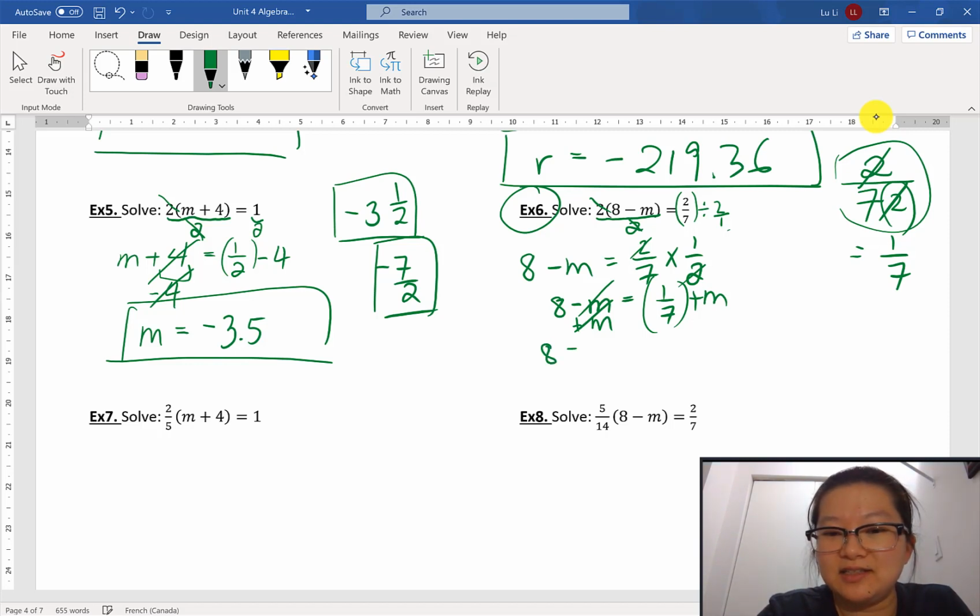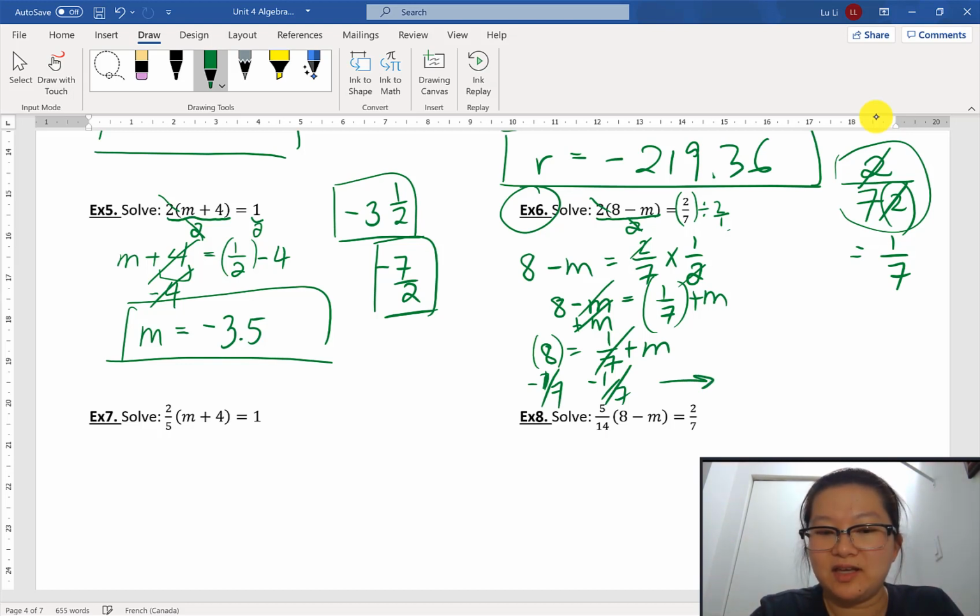So then I get 8 is equal to 1 over 7 plus m. Next up, I am going to need to move my fraction to the other side to get m alone. So I need to subtract 1 over 7 on both sides of the equation. Okay, that gets rid of that. I need a little bit more space here.